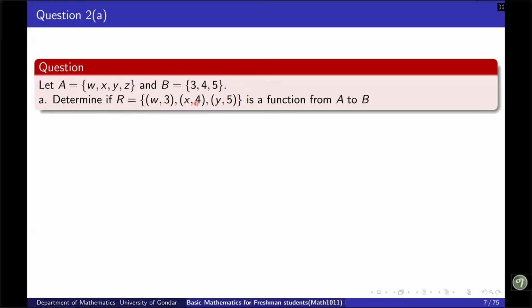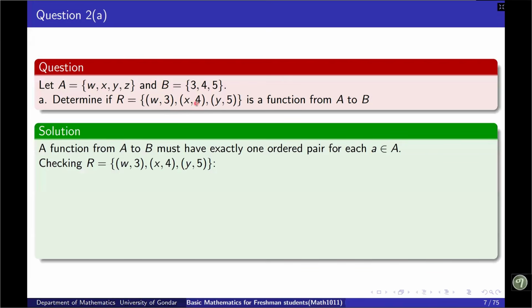Therefore, a function from A to B must have exactly one ordered pair for each element of A. It says for all, that means for each element. So when we check, R is given to be this one, and W, the first element of A, appears here with an image 3.